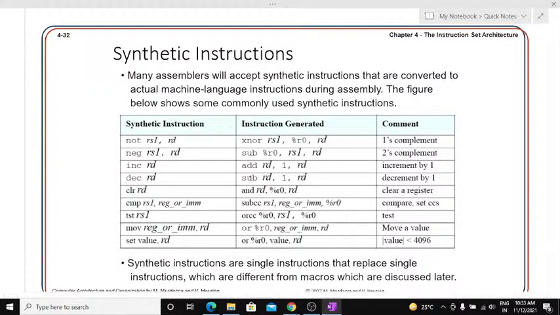Even in placements, for recruitment company tests like Capgemini, TCS and Persistent, they give pseudocode and you need to predict the output. So these are the synthetic instructions in the ARC processor.